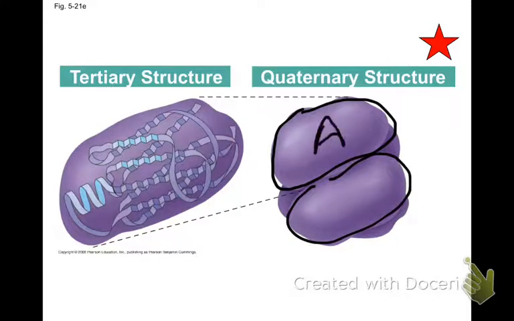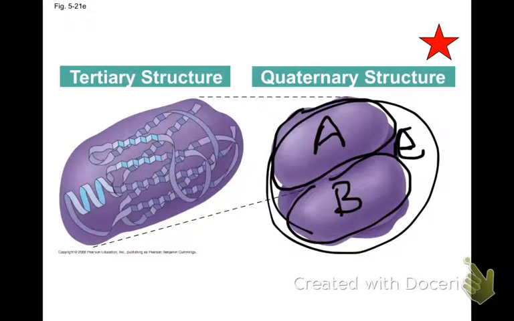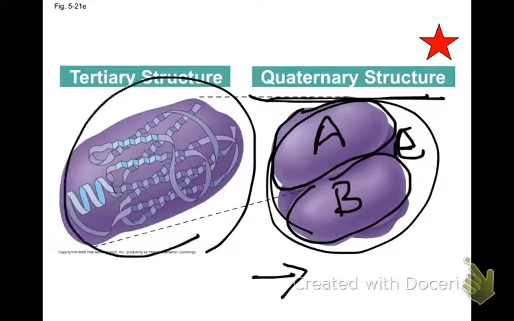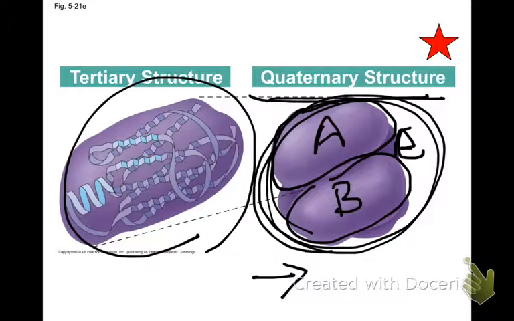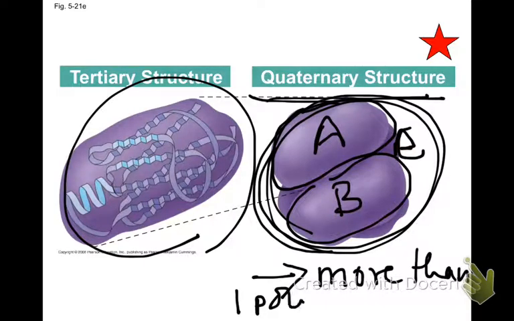This is polypeptide A, this is polypeptide B, there's another polypeptide C. All of these together have come together and formed a huge big glob, which is quaternary. So sometimes you would just have a tertiary structure and that is your final protein. Sometimes some proteins have more than one polypeptide, and that makes them quaternary.